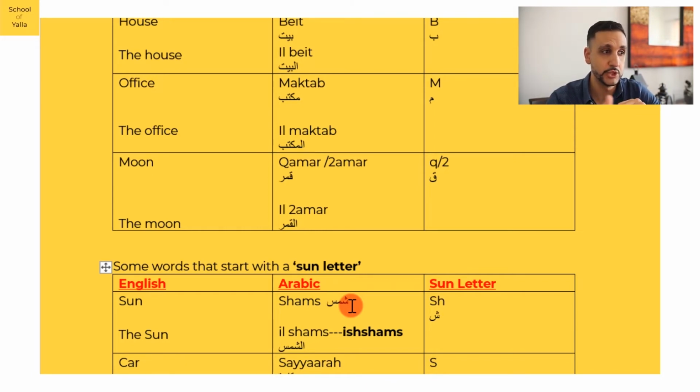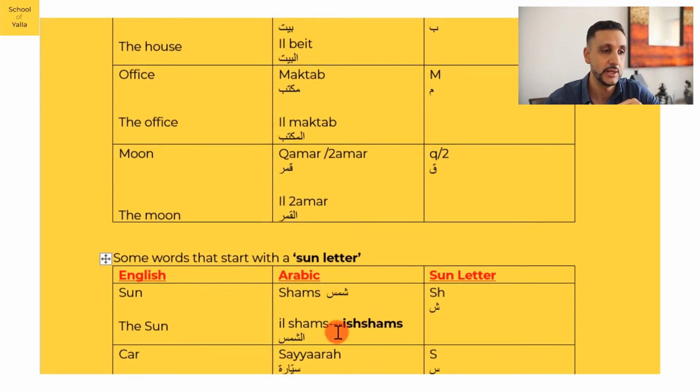So in our example, shams is sun, right? I wouldn't say il-shams, I would say ish-shams. I'm doubling down on the first letter, which is the sun letter here, and skipping the L sound. I'm not pronouncing the L sound, I'm doubling down on that first letter.